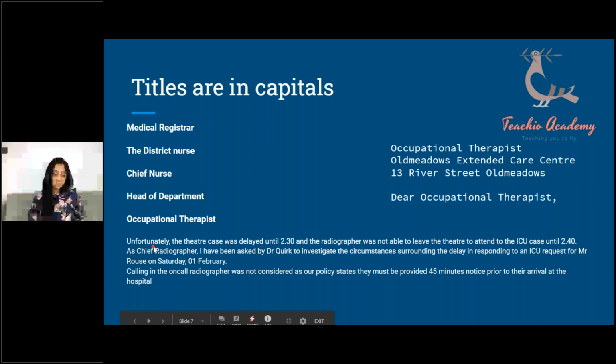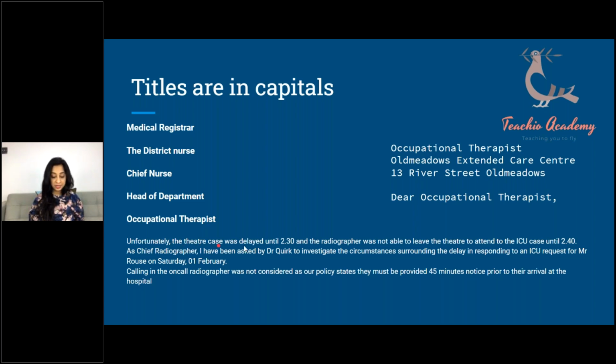So they've talked about an incident where there's one person who's the chief radiographer who's writing the letter, and he's talking about various other radiographers in the letter. So, "Unfortunately," this was the start of a sentence, so it was a capital letter, comma, "the theater case," because this is a comma and it's not a full stop, you don't need to make the T a capital here.